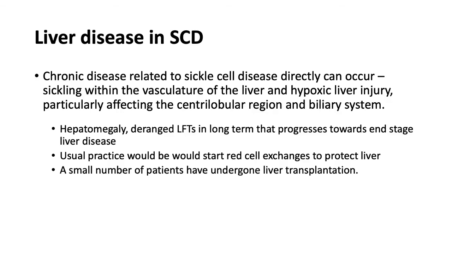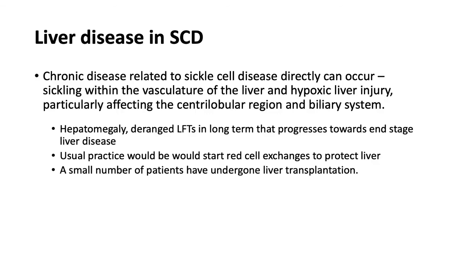In terms of patients who have, like this gentleman I've discussed, a progressive chronic picture felt to be related to sickle cell disease, where other causes of liver disease have been excluded, the usual practice will be to start the patient on red cell exchanges to protect their liver, which was exactly what was done in this patient.